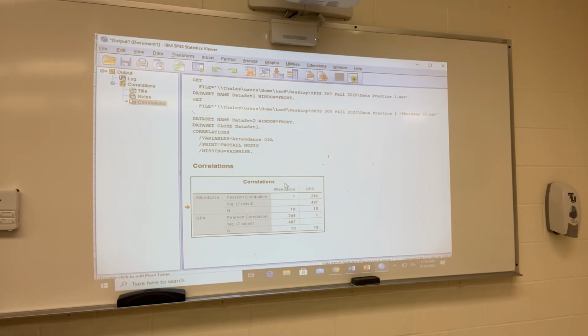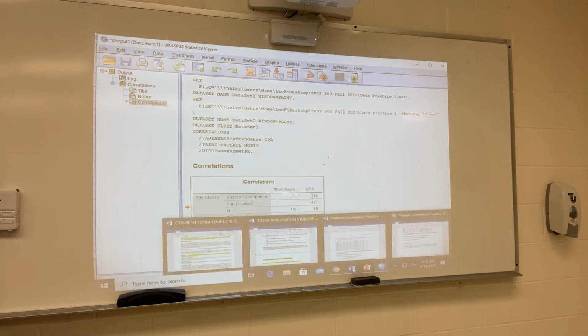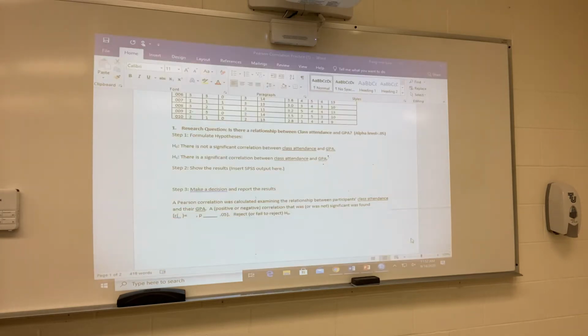Are you okay? Everybody okay? Click your right mouse button and say copy. Then go back to your Word document and paste here.